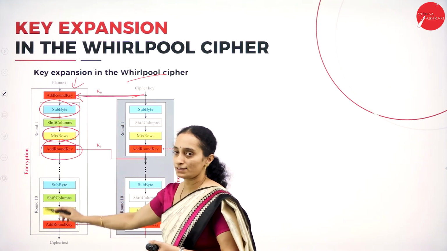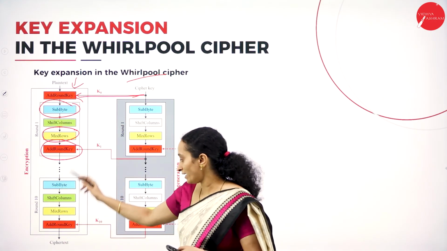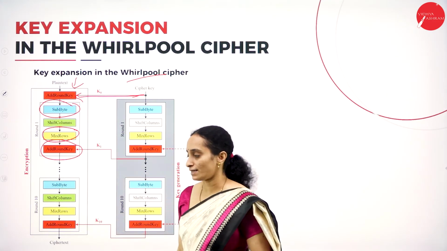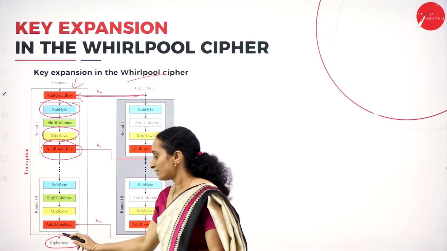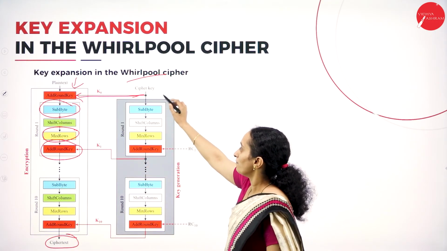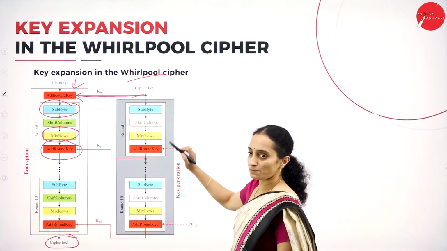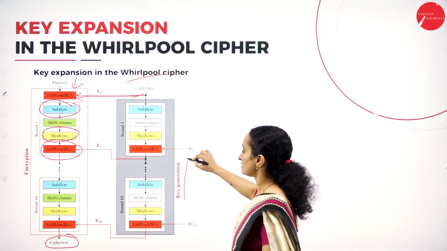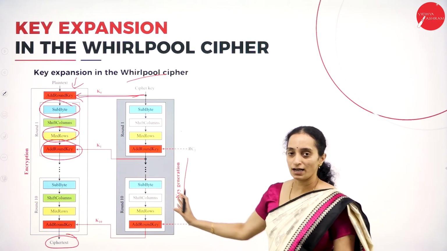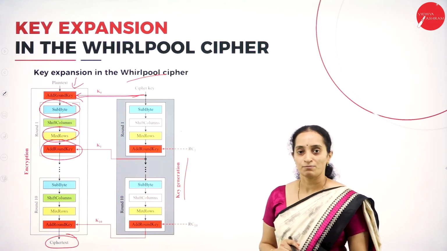Then we get the same method repeated for all the 10 rounds. Same method is applied and we get the cipher text. Okay, so this is the decryption method. So this is key generation. We generate the key along with the transformation process.